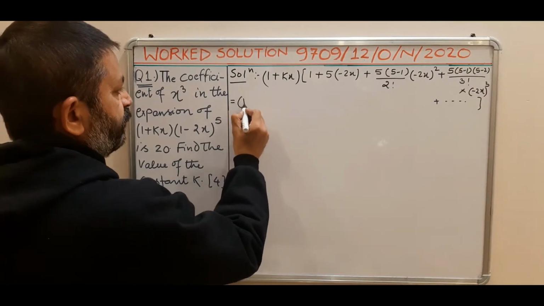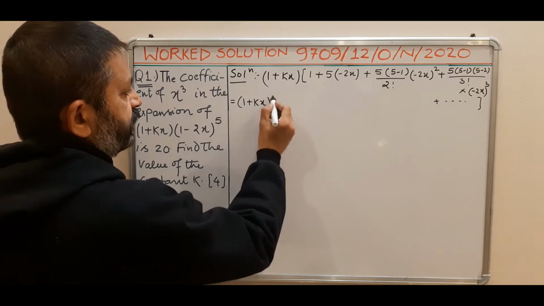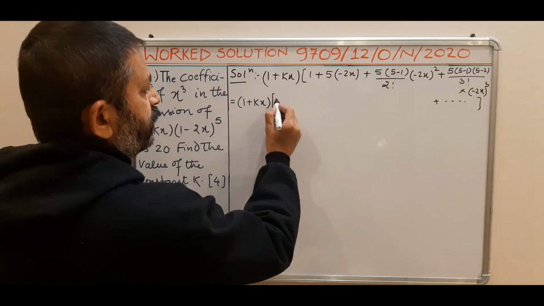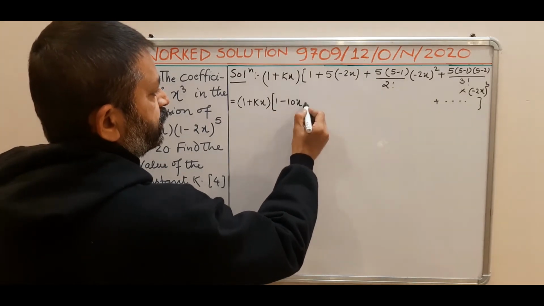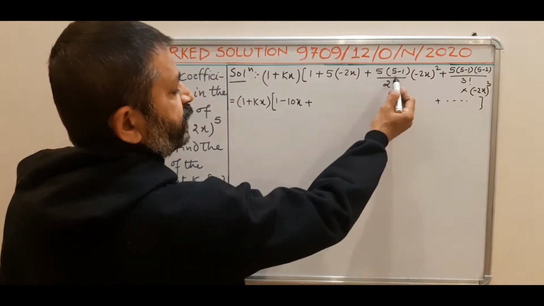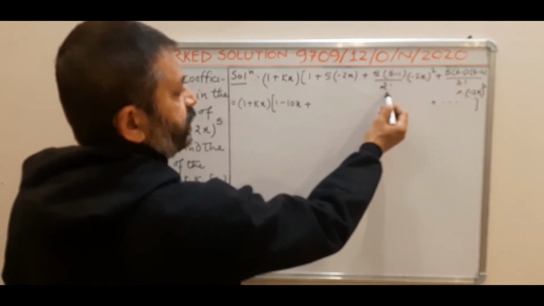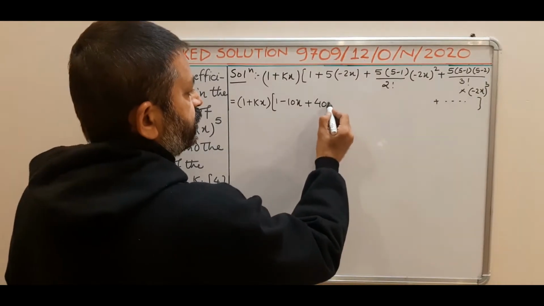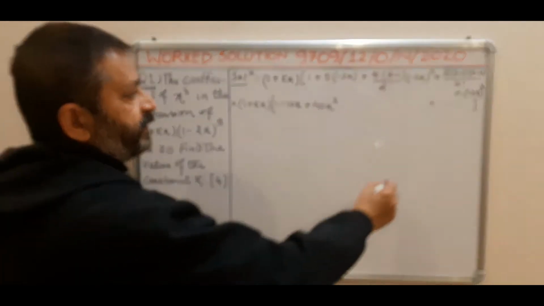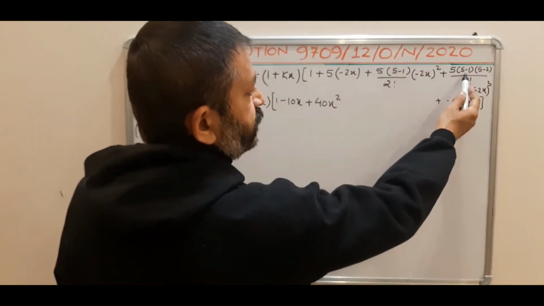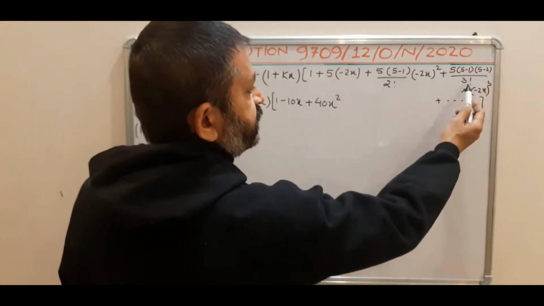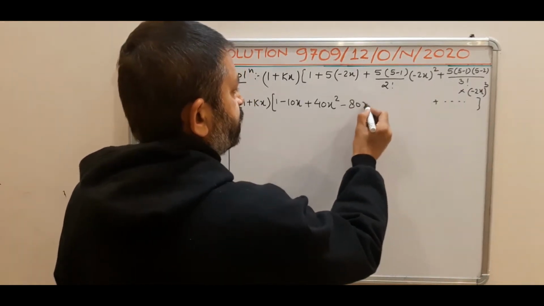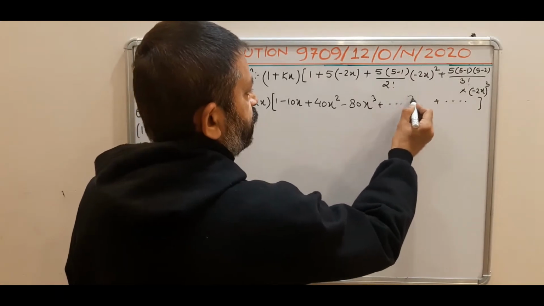So from here, we have (1 + kx) into, we'll try to expand all the coefficients, so it will become 1 − 10x + 5 into 4, 20 upon 2 is 10 into 4x squared, 40x squared, right? And then 5 into 4, 20 into 3, 60 upon 6 is 10 into −8, −80x cube, and so on.